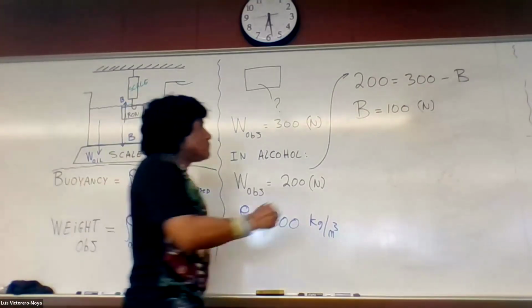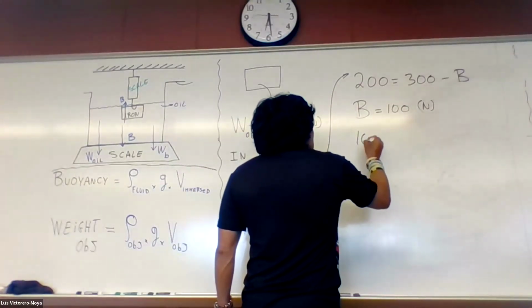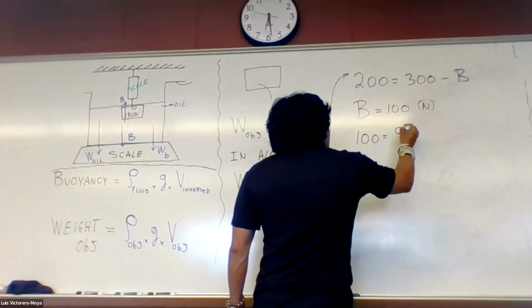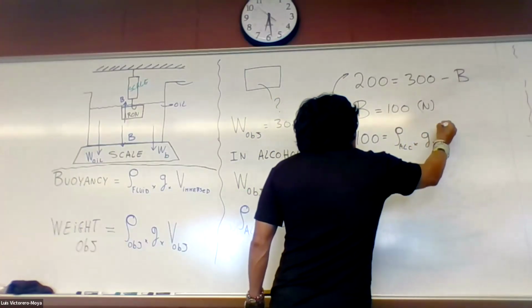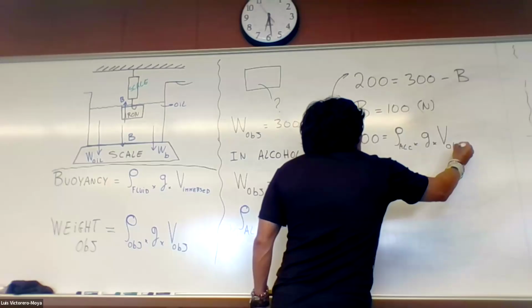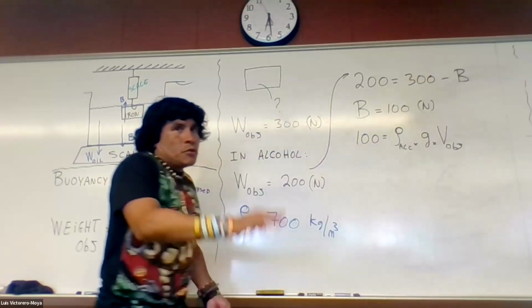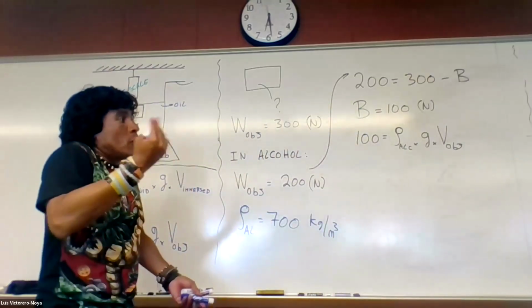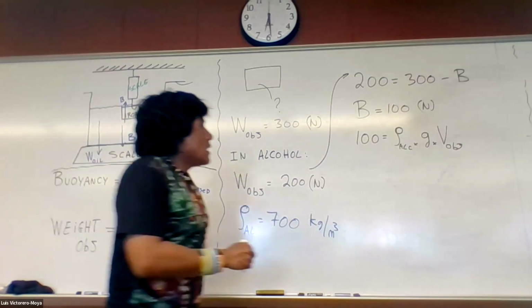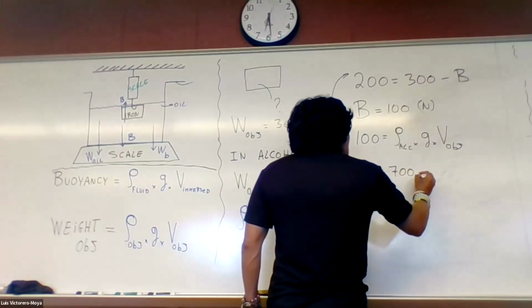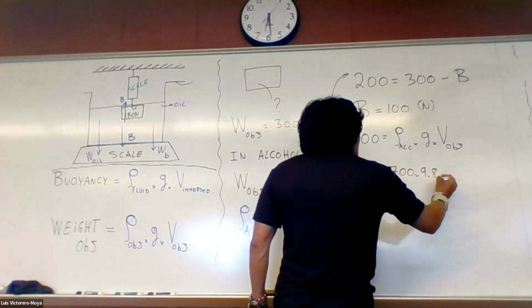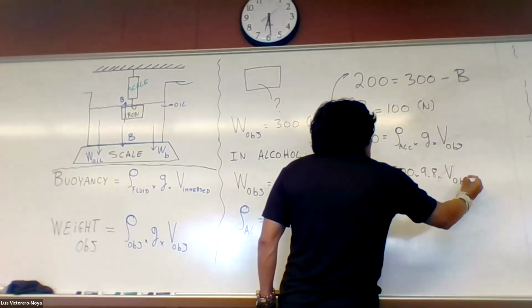So 100 is the density of alcohol times gravity times the volume of the object, because it's all submerged. So you can just use the volume of the object. So 100 is 700 times 9.8 times the volume of the object.